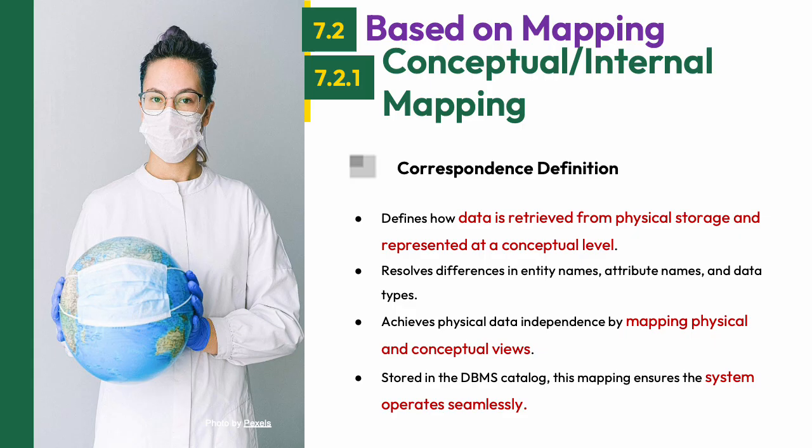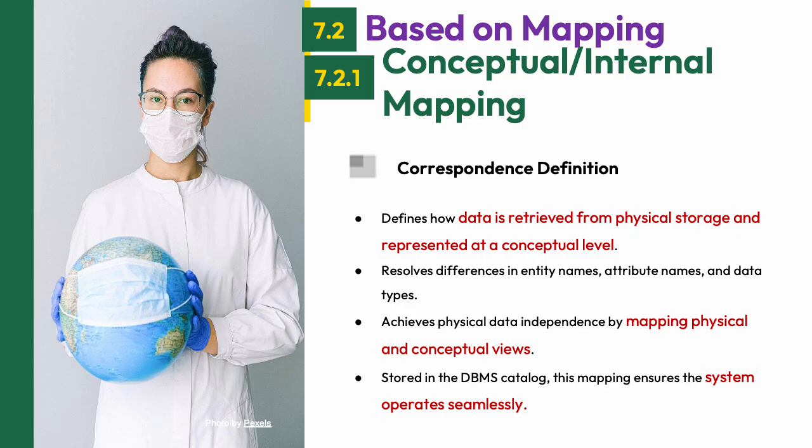The conceptual or internal mapping will ensure that when you query the books table for all books by a certain author, the DBMS knows how to retrieve this data from the binary files and present it as rows and columns in the table.